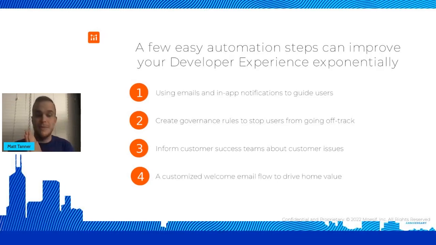On day 3, maybe they've made their first call, and you can see that they're using a specific endpoint, and maybe there's a complementary endpoint, or a more efficient endpoint for them to use. Maybe it was deprecated, whatever. You could send them customized welcome emails in order to get them to the point where they're really experiencing value from the API.